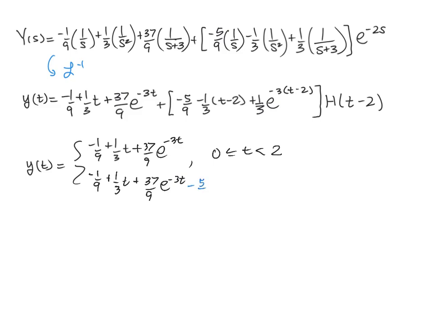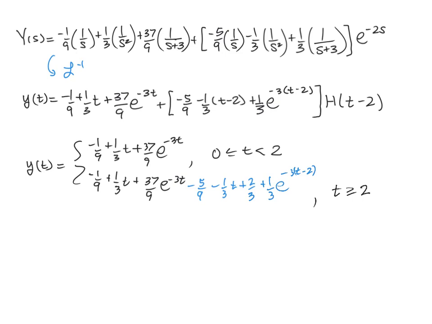So we're going to have -5/9 minus a 1/3 t if I distribute, plus a 2/3, and then plus our 1/3 e to the -3 times t minus 2 in parentheses. And this part of the definition is for t values that are greater than or equal to 2.